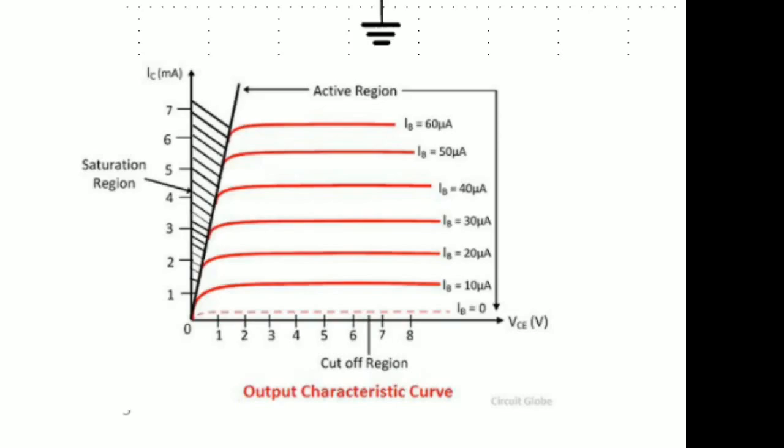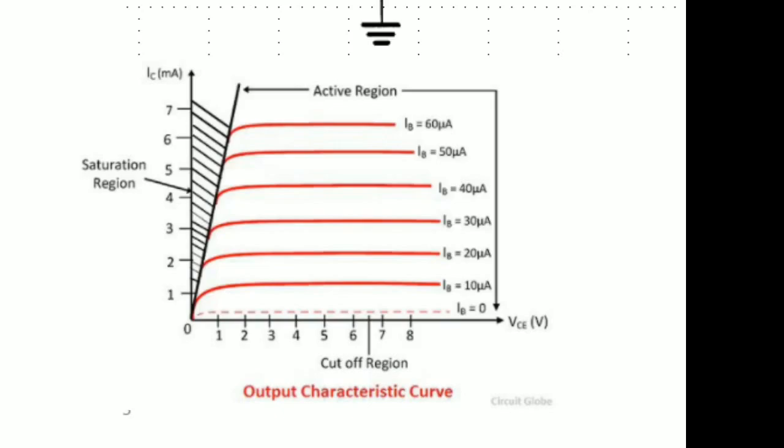Slowly it will vary. At one stage, irrespective of the collector emitter voltage, my collector current becomes constant. This region is nothing but the active region. Before that it is the saturation region.